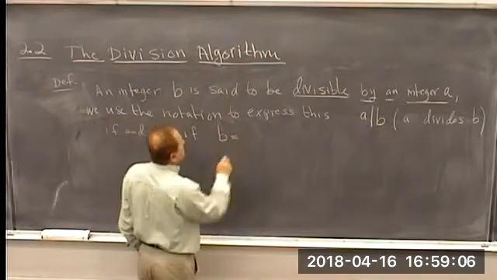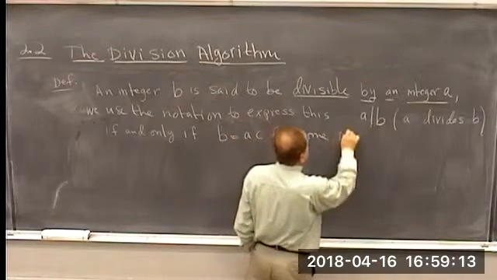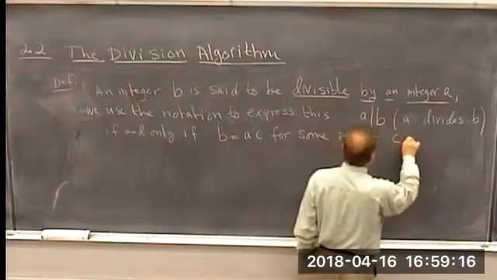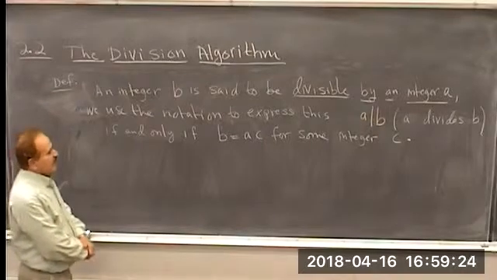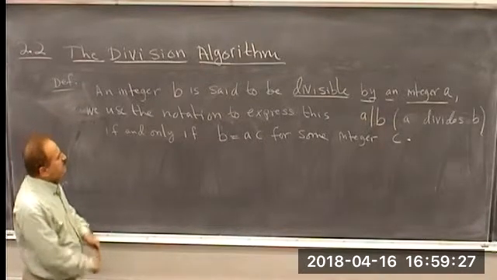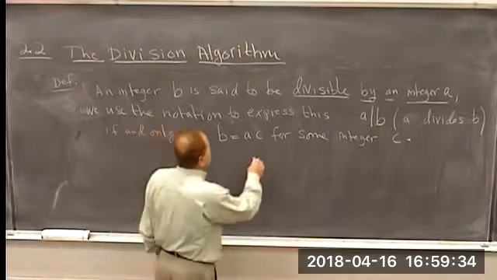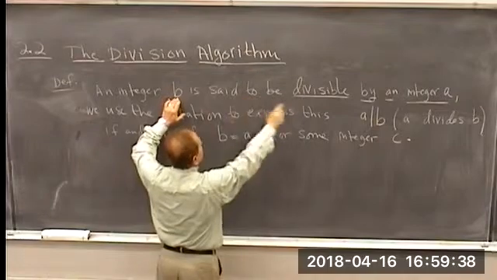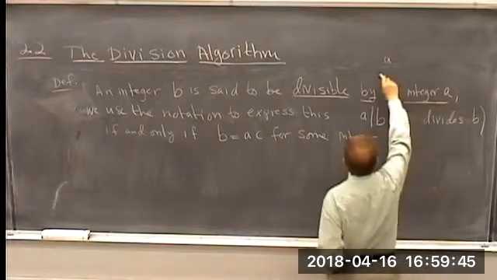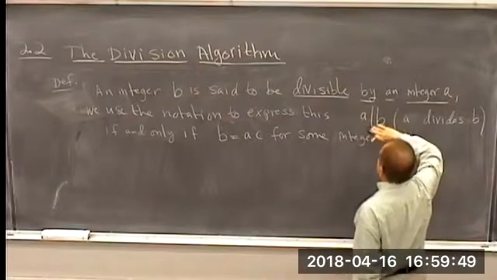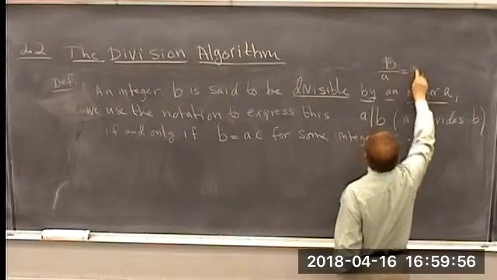B is equal to AC for some integer C. But in order for this to make sense, what we are doing here is dividing B by A. So when we say A divides B, it means B over A is an integer.